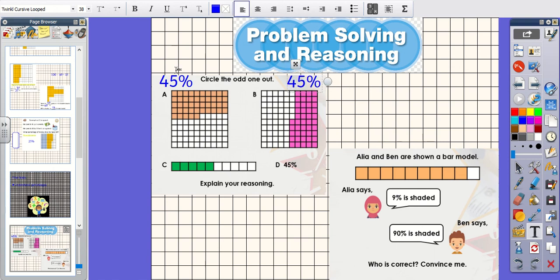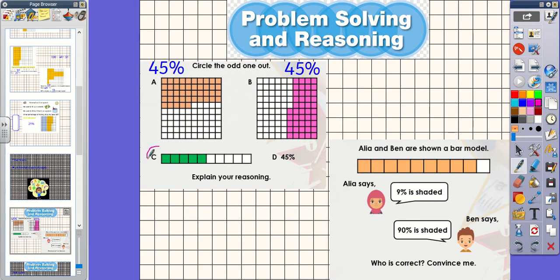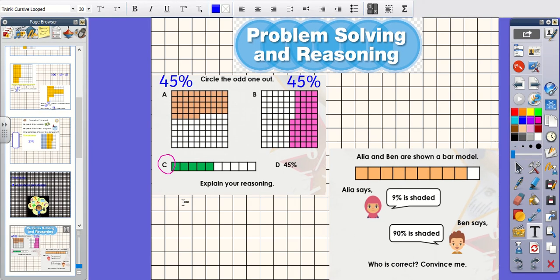So if I can see A is 45%, B is 45%, and D is 45%, I know that C is the odd one out. Now, it does tell me to explain my reasoning.